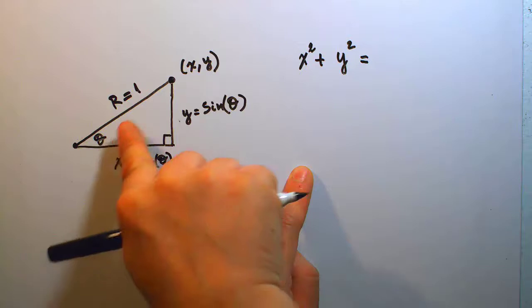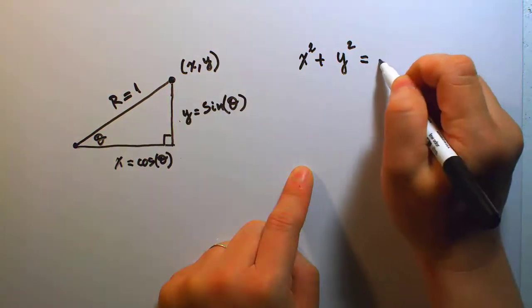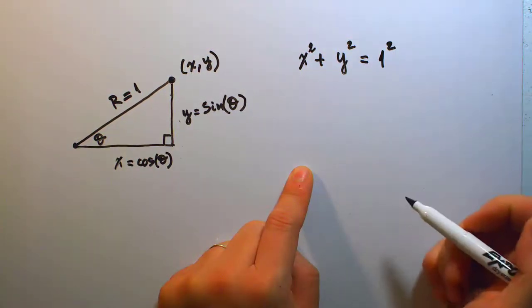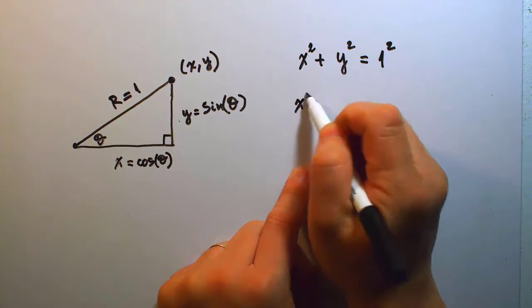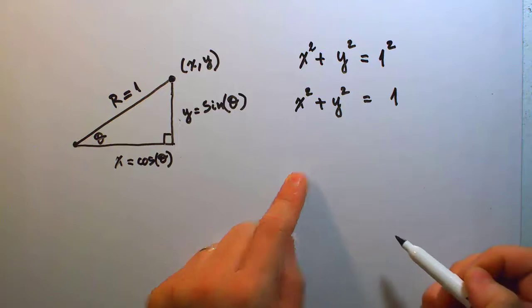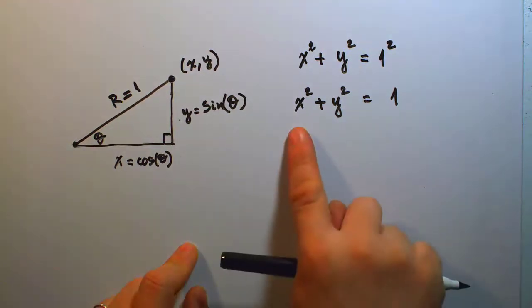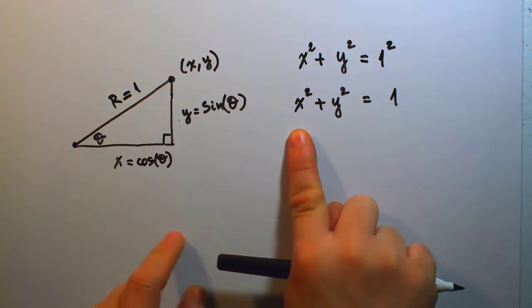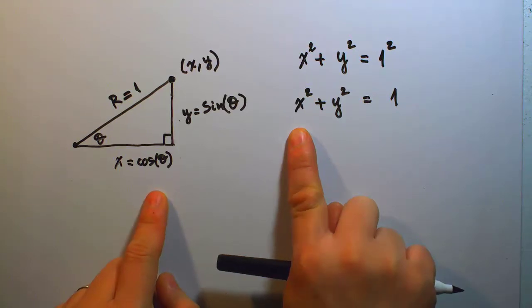And the hypotenuse in this case is 1, so it's 1 squared, or in short, it's x squared plus y squared equals 1.